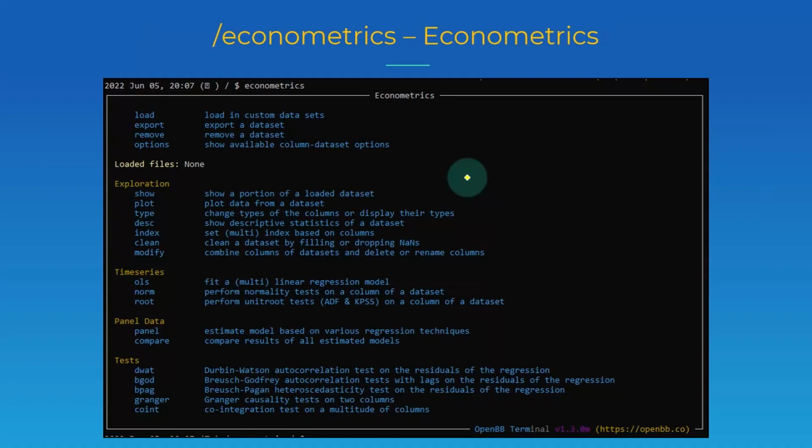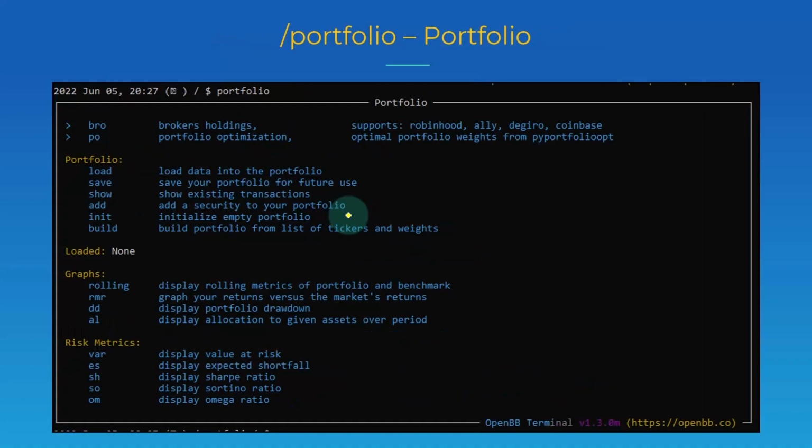Econometrics. There's a bunch of stuff here which gets into fancy tests and stuff that you can do, which I did not explore too much, to be honest with you, but if you're into that kind of stuff, it's in there.